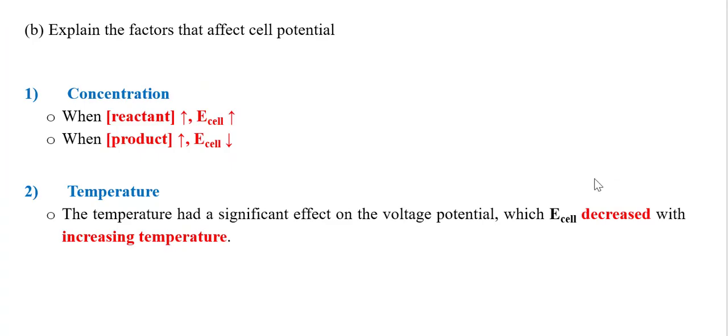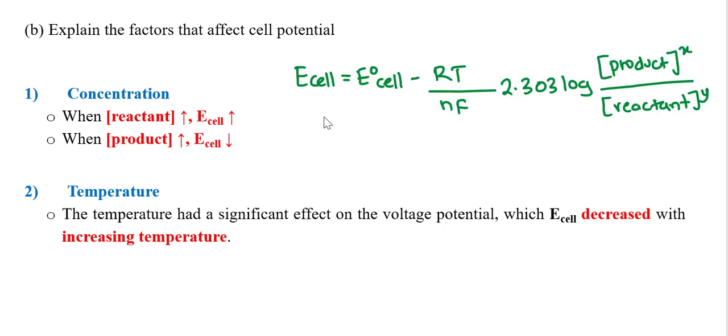There are two factors that will affect the cell potential: concentration and temperature. The Nernst equation is written as E cell equals E naught cell minus RT over nF times 2.303 log concentration of product to the power of its coefficient over concentration of reactant to the power of its coefficient.